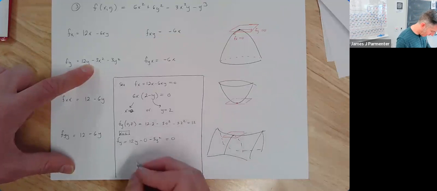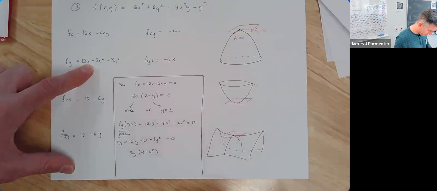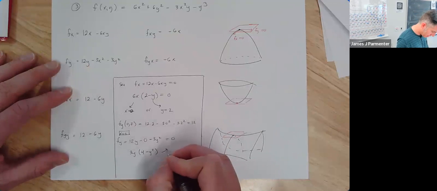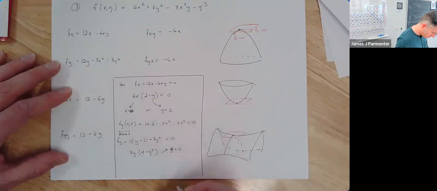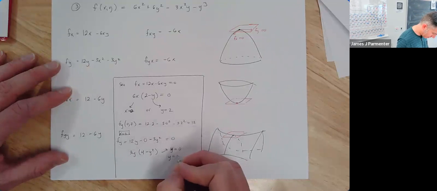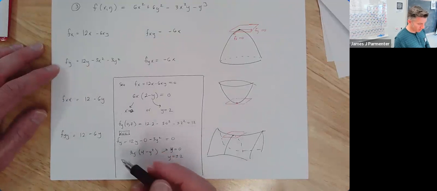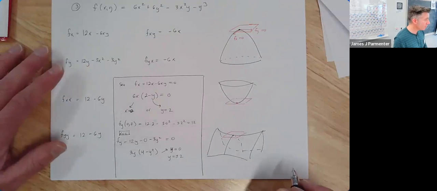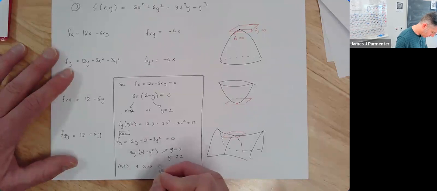Factoring out 3y, I'm left with 4 minus y squared. So I either get y equal to 0 or y equal to plus or minus 2. So just from x equaling 0, we have 3 possible critical points. We get (0, 0), we get (0, 2), and we get (0, negative 2).